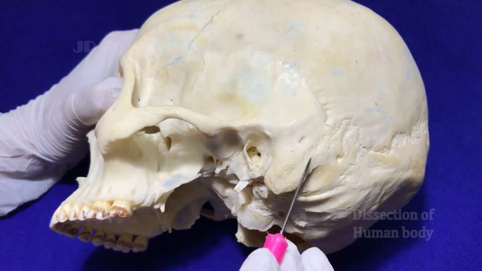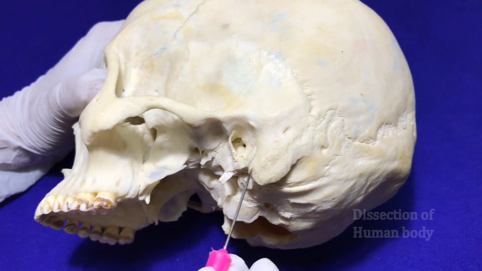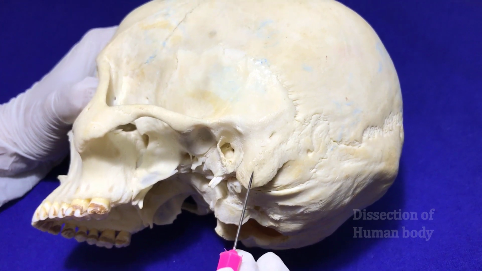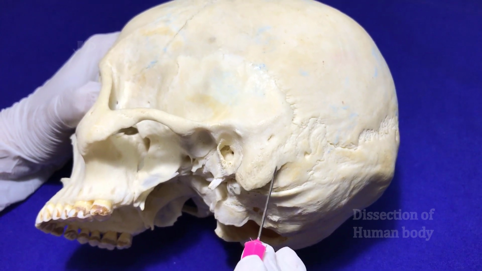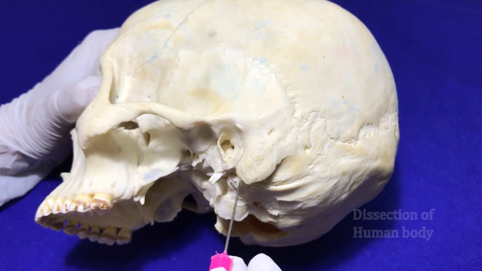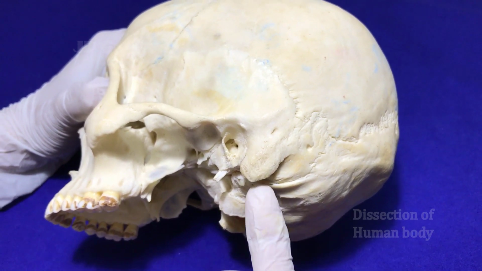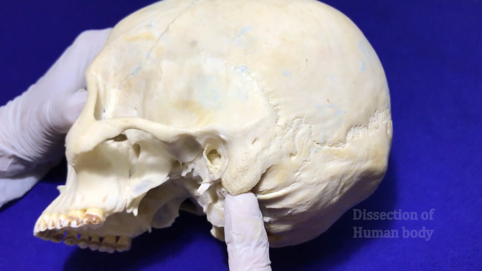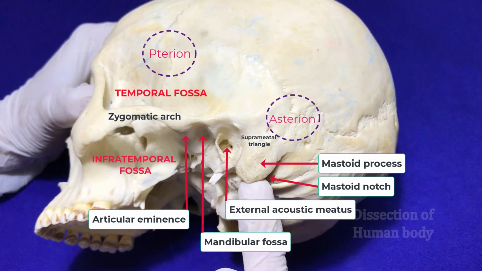Then there is a large conical process called the mastoid process, which gives attachment to 3 muscles on the lateral aspect from above downwards, namely sternocleidomastoid, splenius capitis and longissimus capitis. On the inside surface, we have the mastoid notch to which the posterior belly of digastric is attached.